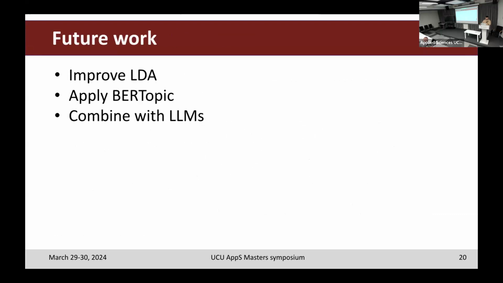For future work, we want to improve our LDA and also to apply BERTopic in order to see its results. Based on the sets of words which we get from these models, we want to apply LLMs, I think GPT-3.5, in order to get the topics which these words represent.